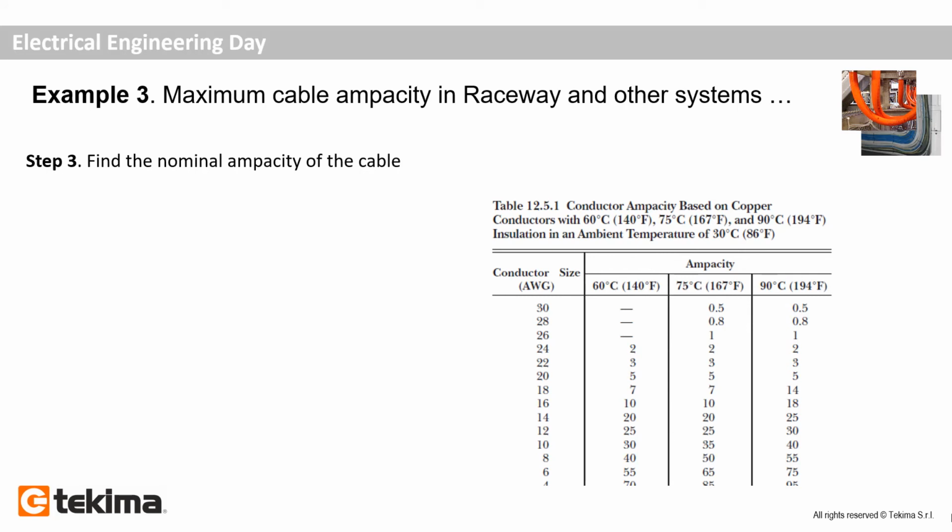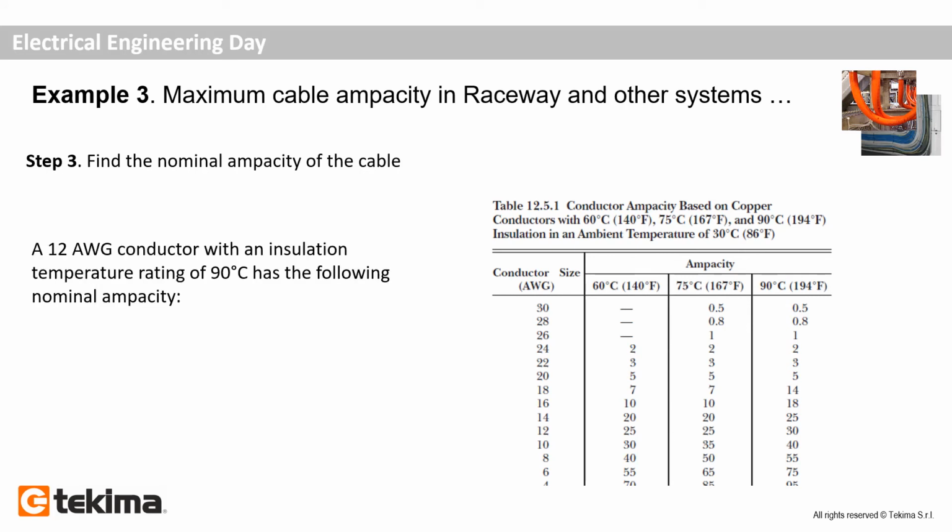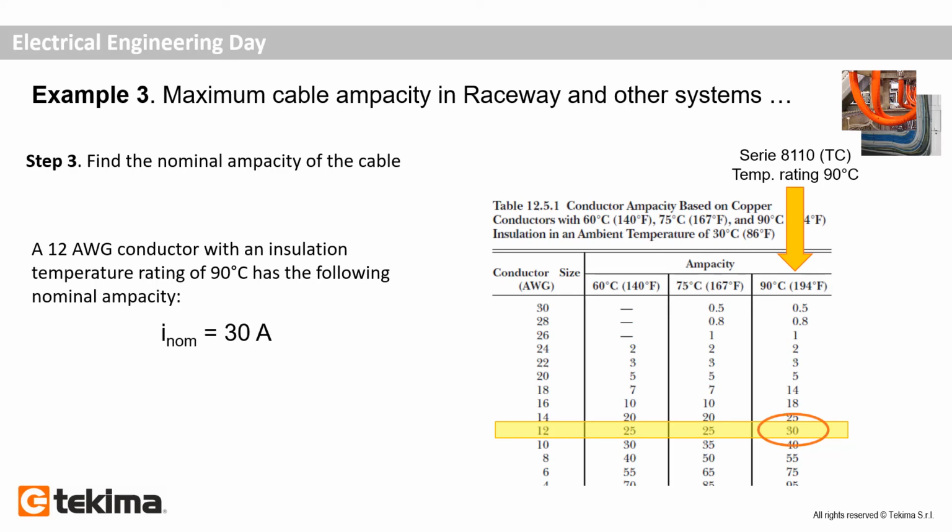Step 3. Find the nominal ampacity of the cable. Based on the temperature rating of the cable and the size, we can identify the nominal ampacity using the table contained in the standard. So for this cable, we have 30 amperes as nominal ampacity.